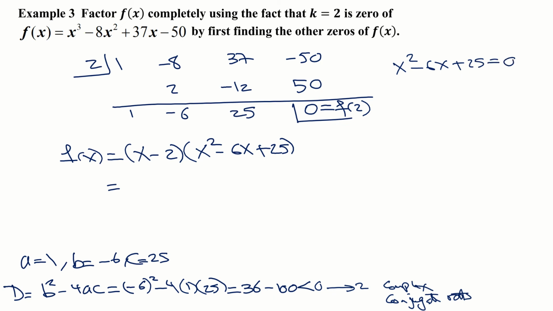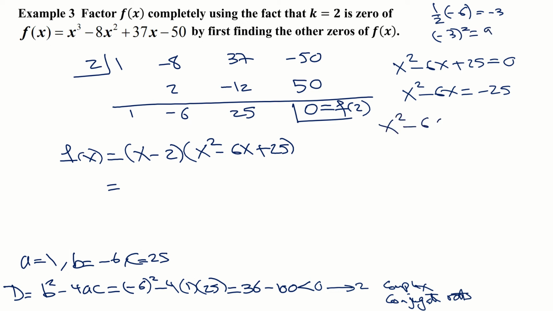Now, we could apply the quadratic formula, or it looks really nice and simple, so why don't we just practice our completing the square method, okay? So x squared minus 6x equals negative 25. To complete the square, we need to take half of negative 6, which is negative 3, and then square it to get 9. So we need to add 9 on the left side to complete the square, so we'll do the same on the right side.